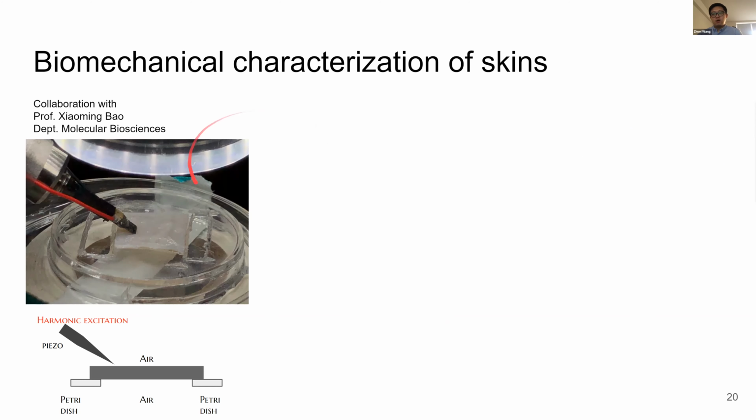So all of this involves work on the cornea. But here I want to show that our method can also be applied to other soft materials. So this is the collaboration work with Professor Bao in the Department of Molecular Biosciences, that we use the same method to characterize the properties of the human skin tissue.